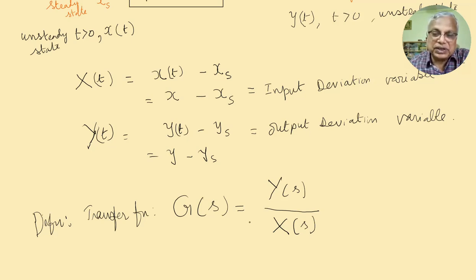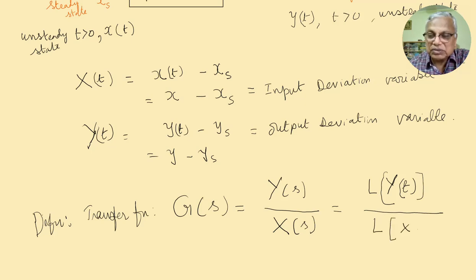G of s is defined as capital Y of s divided by capital X of s. Y of s is the Laplace transform of the output deviation variable, and X of s is the Laplace transform of the input deviation variable. So this is the definition of transfer function: the ratio of the Laplace transform of the output deviation variable to that of the input deviation variable.